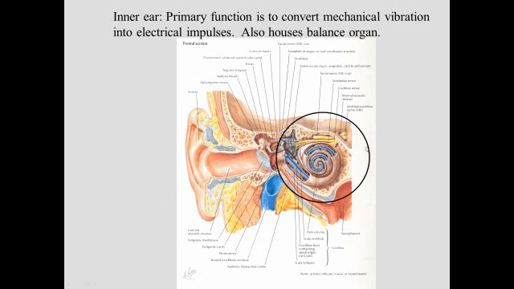What we'll see with the inner ear when we get there is that it is kind of where the rubber meets the road, as they used to say, in the hearing mechanism, because this is where the mechanical energy of a sound, that is to say acoustic energy, is converted into nerve energy.